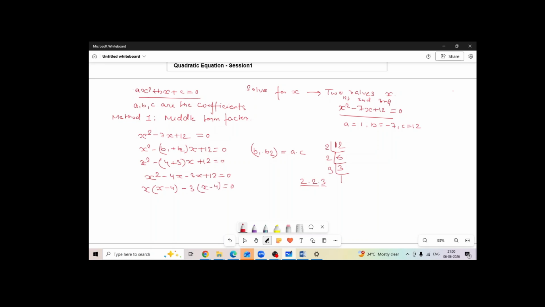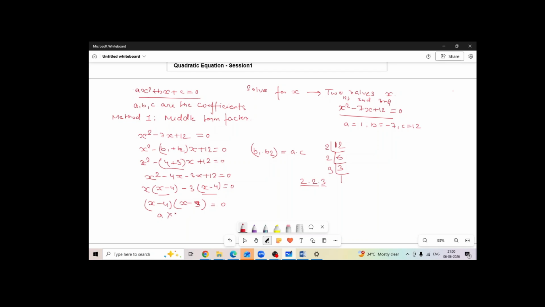Now this is also a catch. You have to select your middle terms in such a way that you get the same common factor in this step. Now if you take x minus 4 common, the rest of the equation will be x minus 3, and we have got a product of two factors which equals 0.